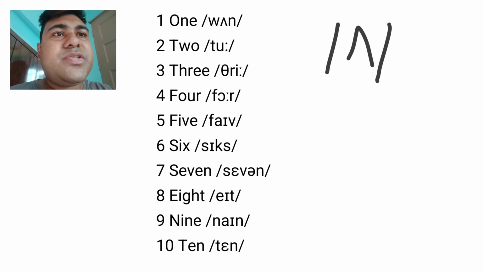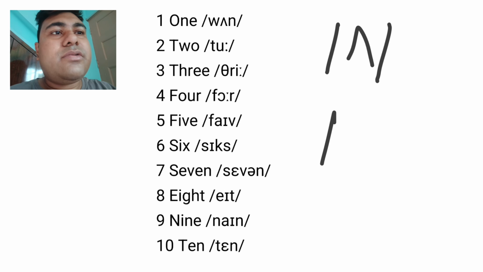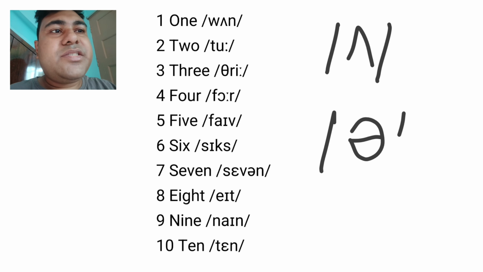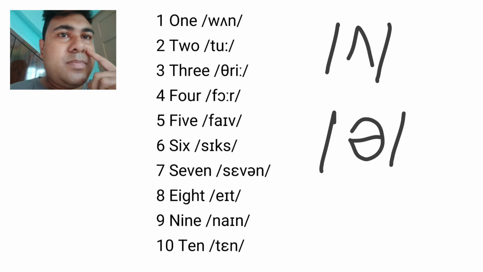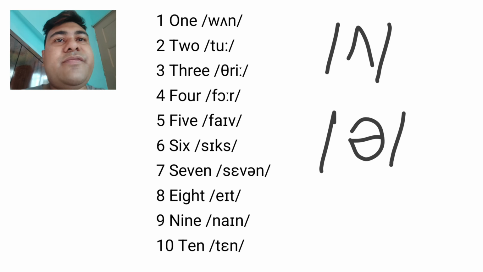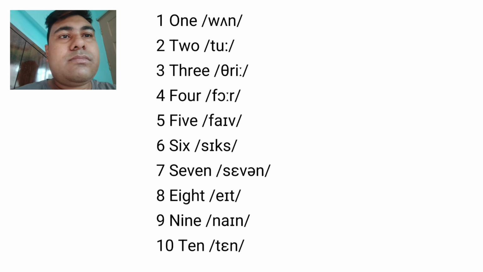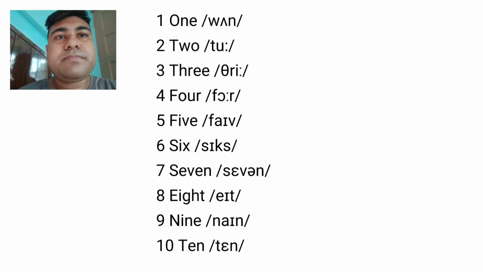This is the one you see right here, and the other is the upside down small e. It's called the schwa vowel.